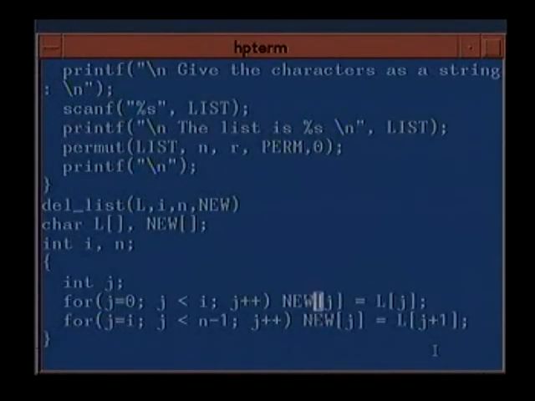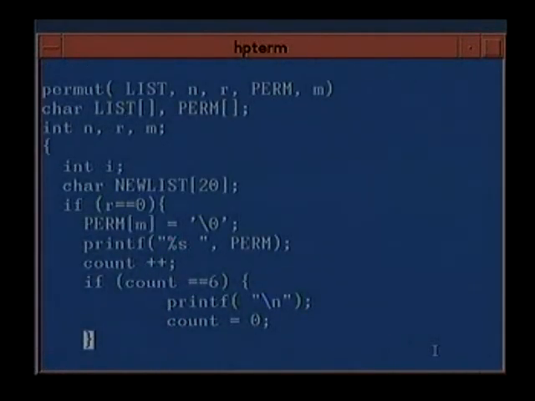We have already seen delete list and we know how it functions, so we are left to see permutations. This is identical to what we wrote down. So n, r, perm, and m, these are two character arrays. N, r, and m are integers, and we declare new list. That is, once we delete an element from a list, we will store it in new list. So that is why we required this new list.